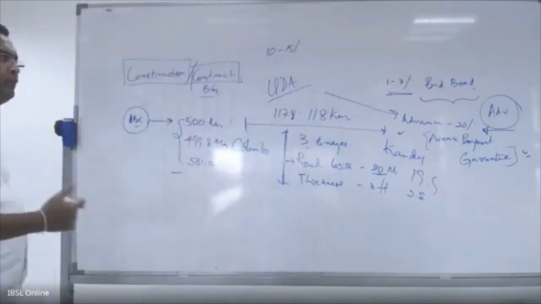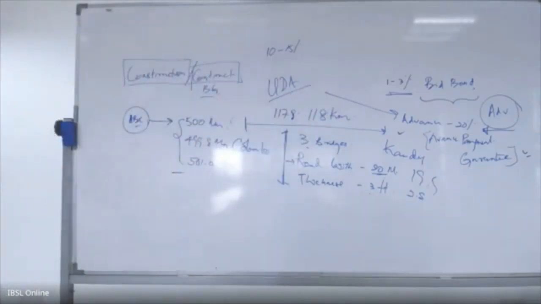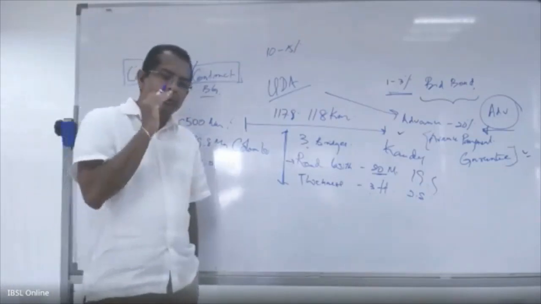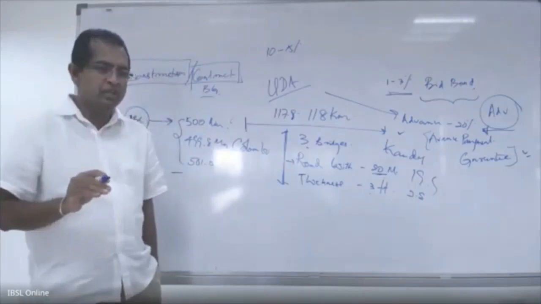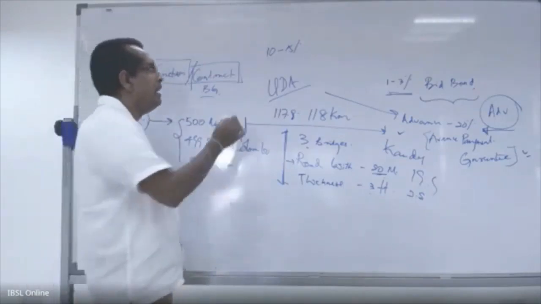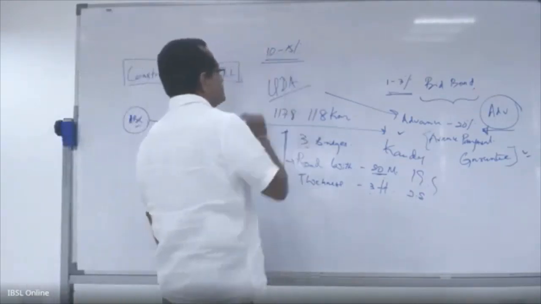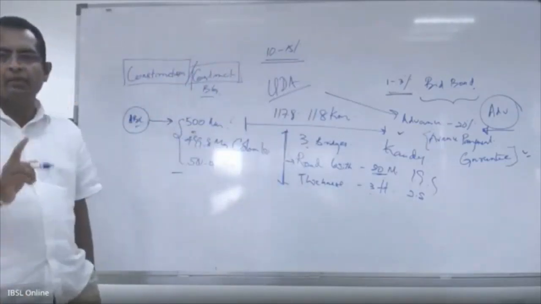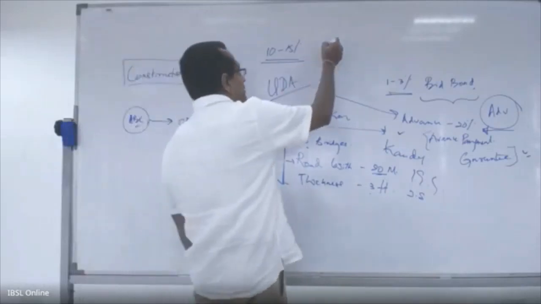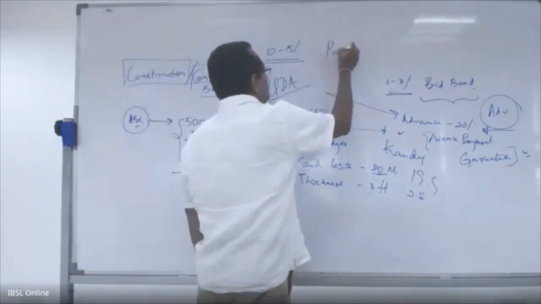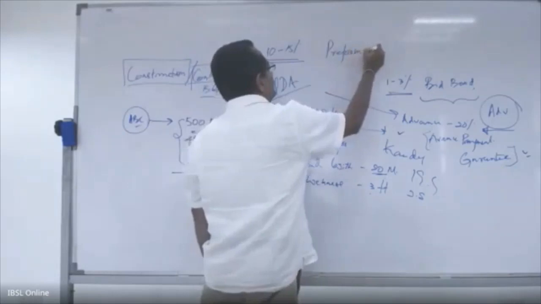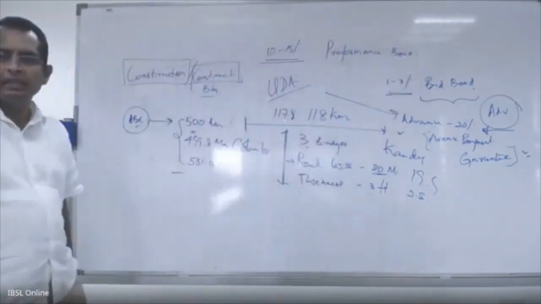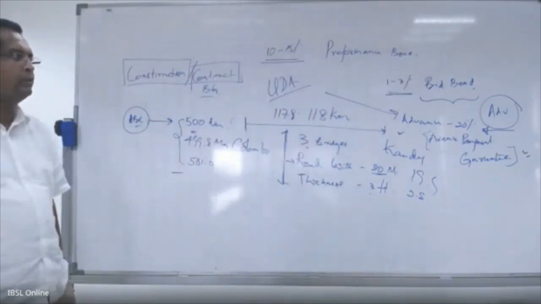Like that specification. My customer will do the construction based on your specification. If not, we will give you a compensation of 10 to 15% of the contract value. That is called a performance bond.